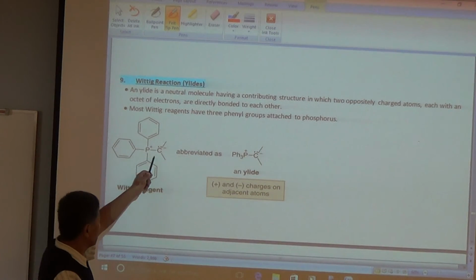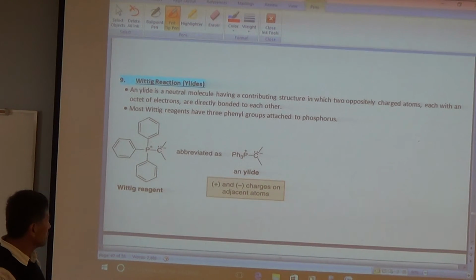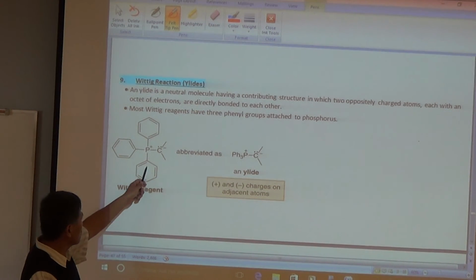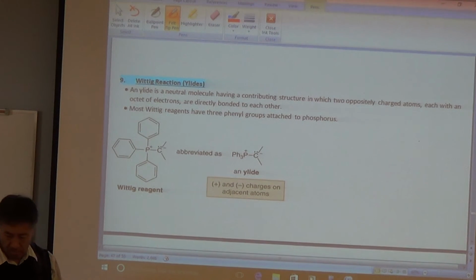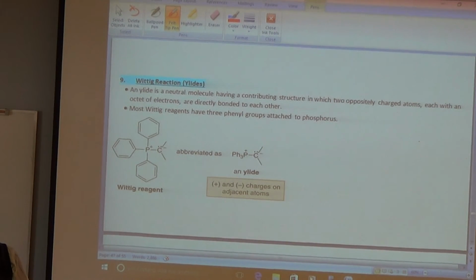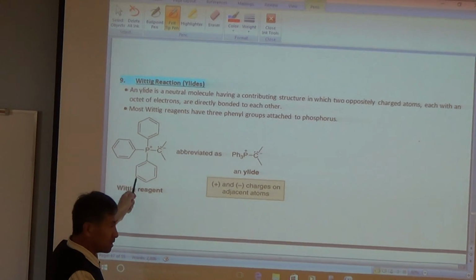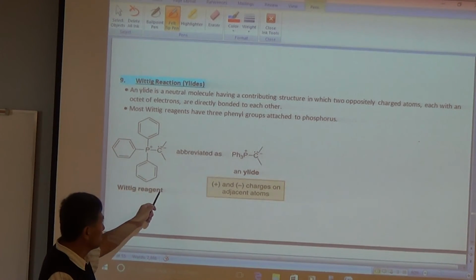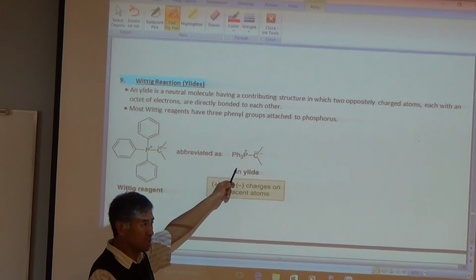The positive part, the negative part. So the common ylide is triphenylphosphine, and then you have this carbon. Okay, so phenyl, this part, benzene as a substituent, is abbreviated as Ph.